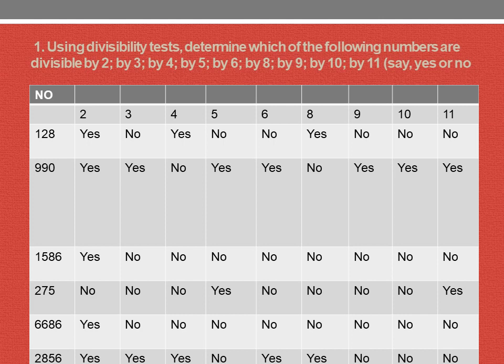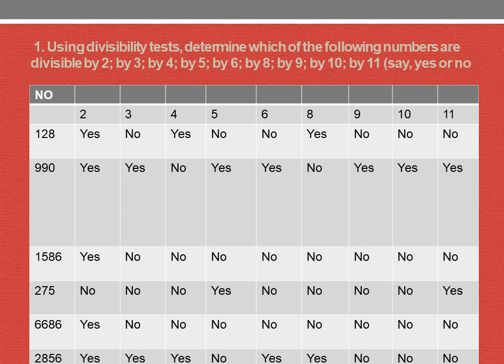For the number 128, I am checking now. With 4, if you take the last two digits and they are divisible by 4, then you can say yes, it is divisible. 28 is divisible by 4. Yes. Now with 5, what will you say? The last digit has to be 5 or 0.